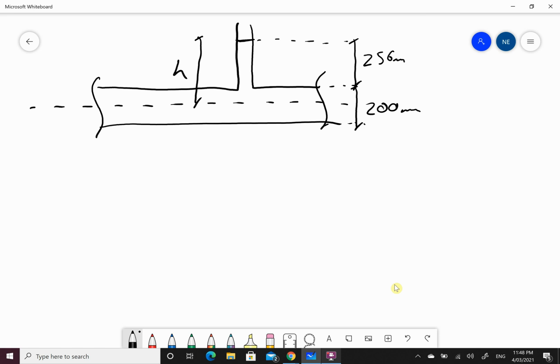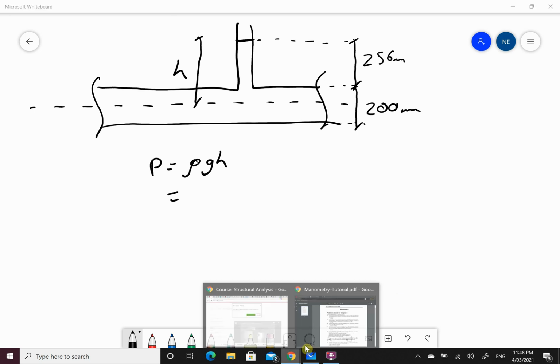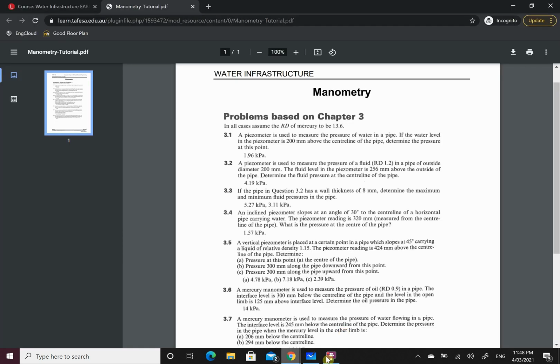Alright, so what I have, my pressure is equal to rho g h. I had the relative density of 1.2.